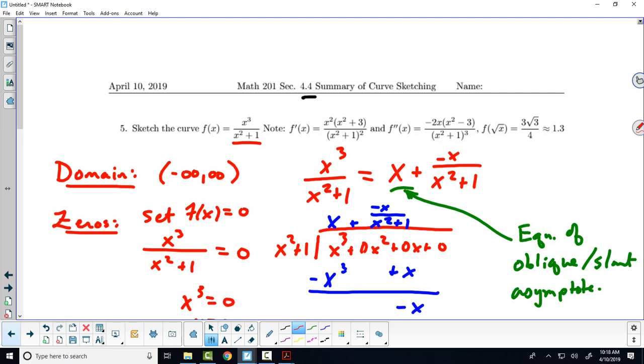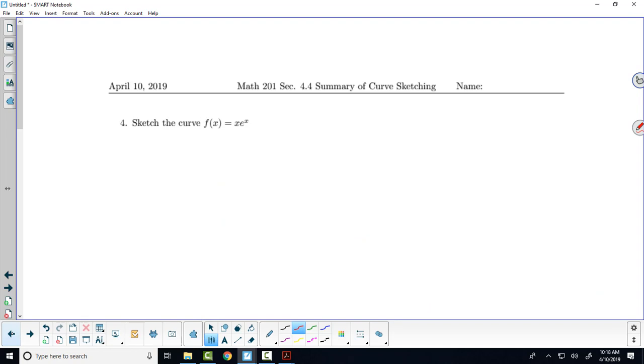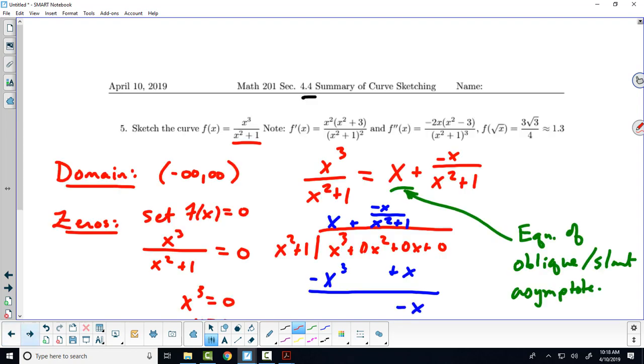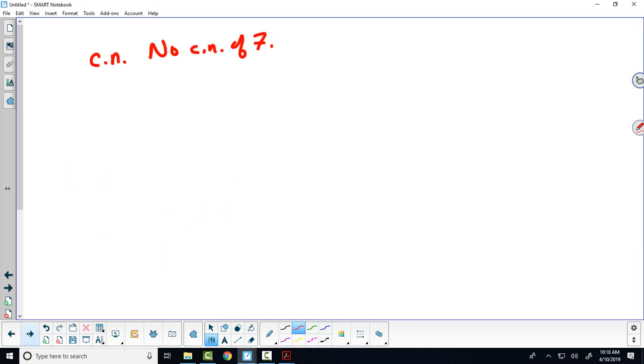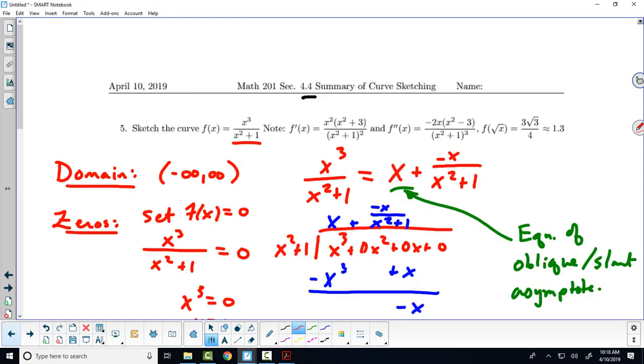Okay. But if we look at the critical numbers of f prime, that is, if we ask ourselves, where is the second derivative 0 or undefined, we have critical numbers at x equals 0 and x equals, is it plus or minus the square root of 3? Is that right? Yeah. Right.